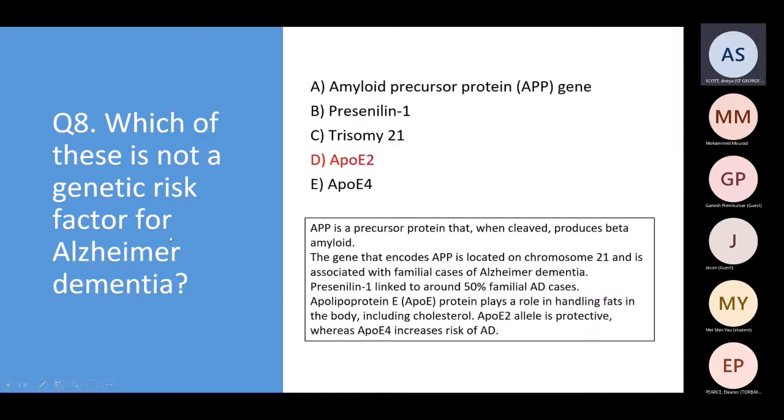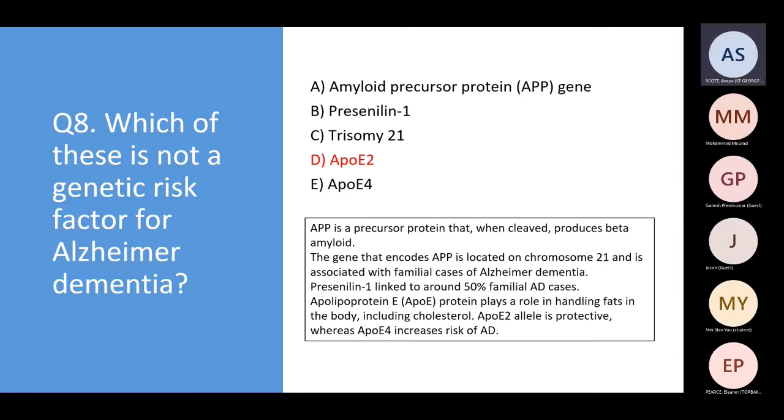Cool, so congratulations to those who said D. Going through them, APP is a precursor protein. When it's cleaved, it produces beta amyloid, so that increases your risk. The gene that codes APP is located on chromosome 21, so that's why if you've got trisomy 21, then you're more likely to have that precursor protein gene.